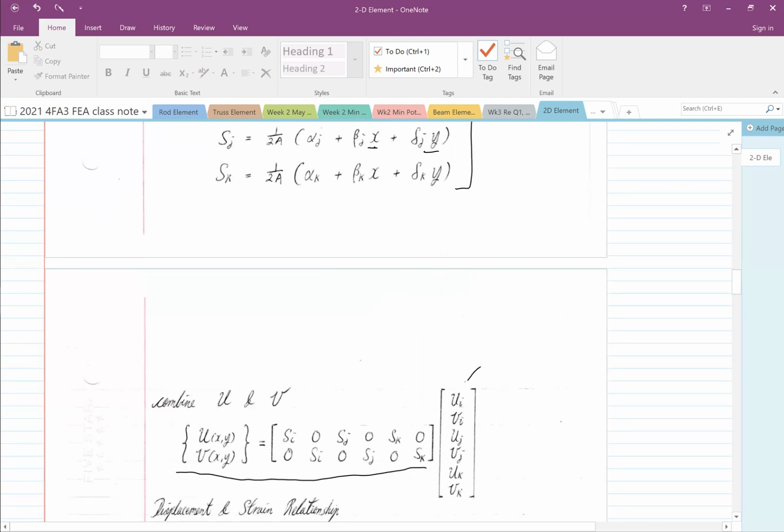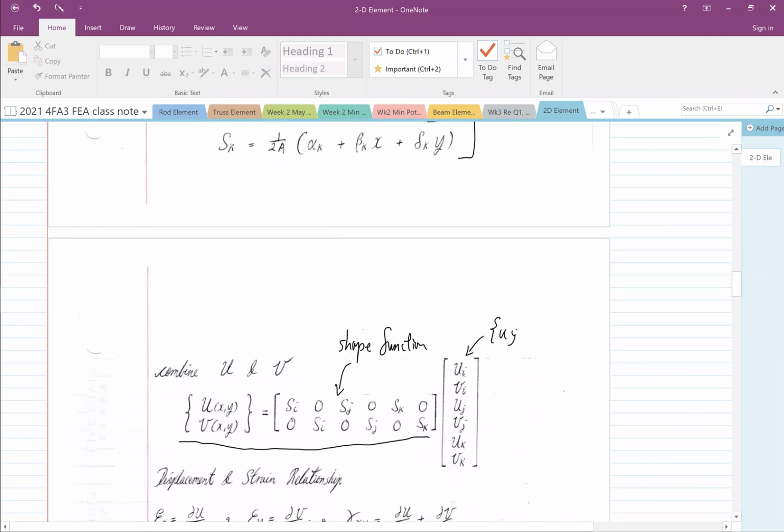This is the displacement vector that we defined at the beginning of the class. Still there. And then we rewrite the shape function two times.